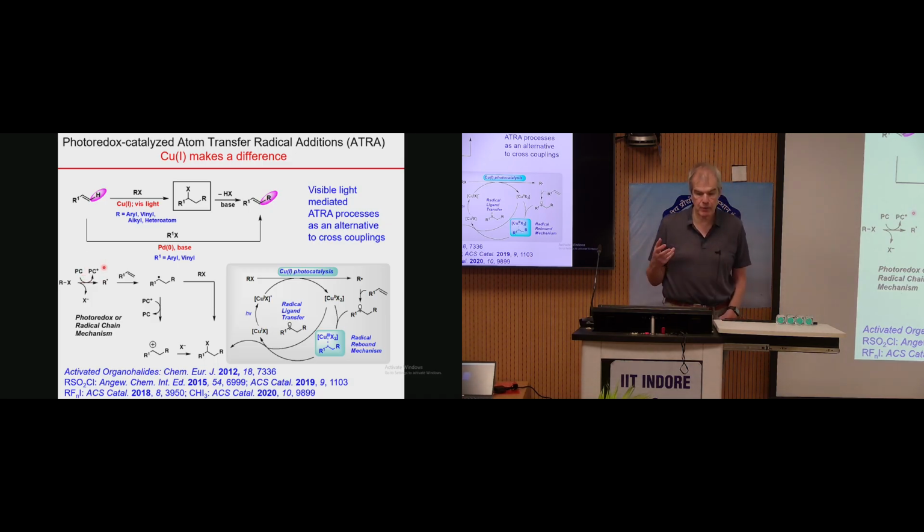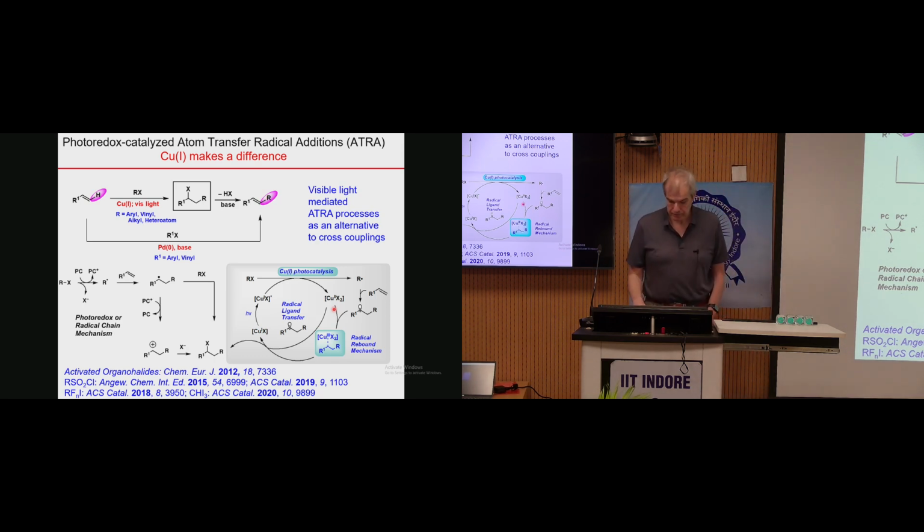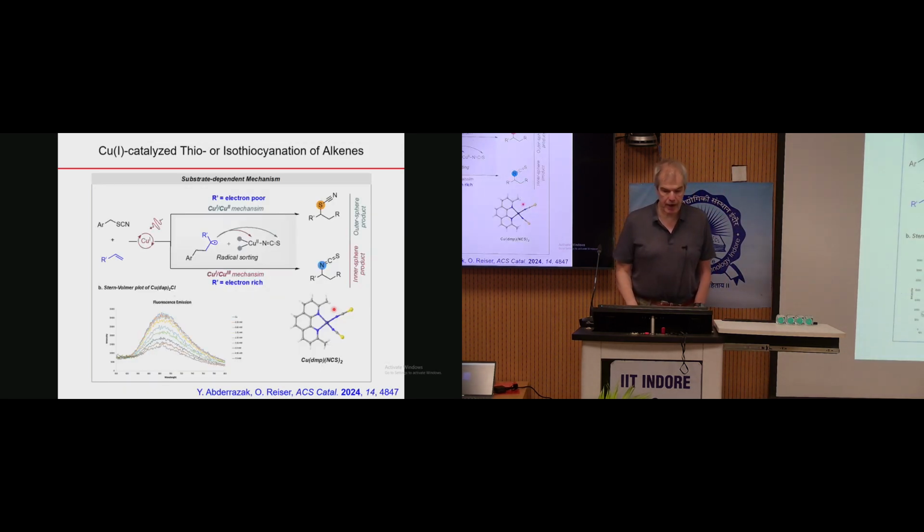And so we find that we can run many of these reactions with copper, which we could not do with ruthenium and iridium. The reason is that these transient radicals we are generating can interact with the copper, get stabilized through a copper-3 intermediate, or very rapidly transfer the X group into the product. And so this was the chemistry we did.